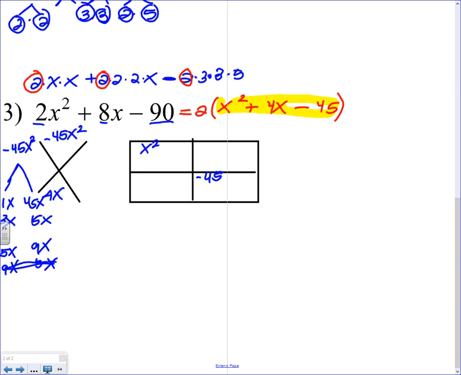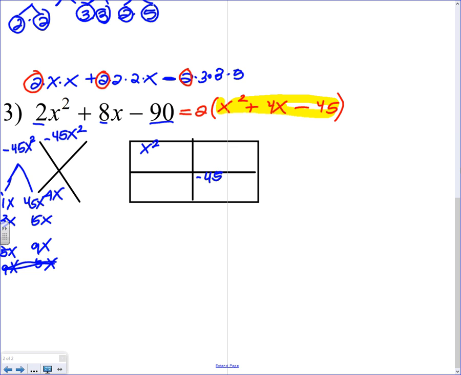I'm done. That's it. Now, can a positive times a positive give me a negative answer? If the answer is negative, one of these has to be negative. Who is negative? The larger number has the same sign as this one. So the larger numbers are positive, and all these will be negative.